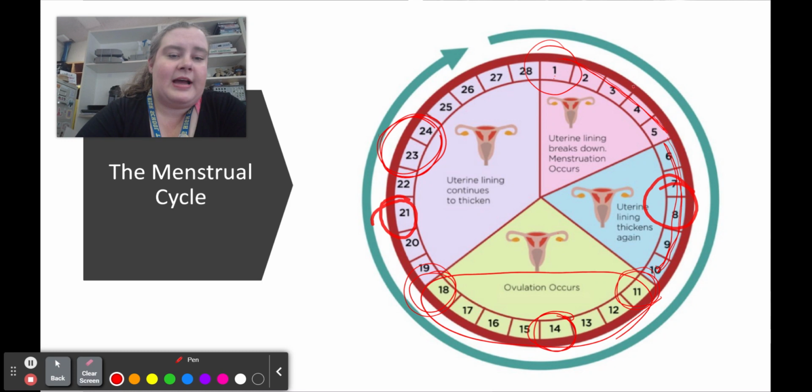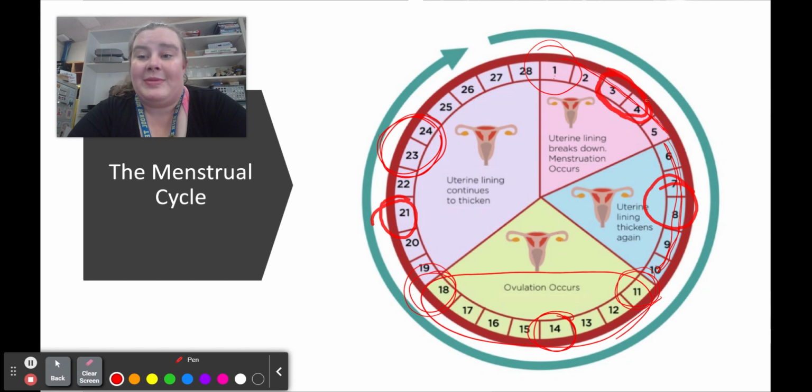If a female is having sex on her period, somewhere in here, right? Remember, sperm can live in the body for up to 5 days. So if ovulation happens early here, she could potentially get pregnant because sperm can live in the body for up to 5 days.